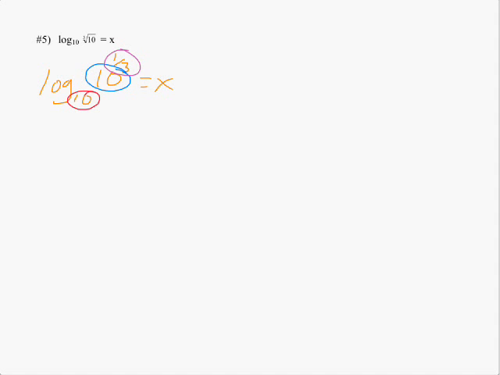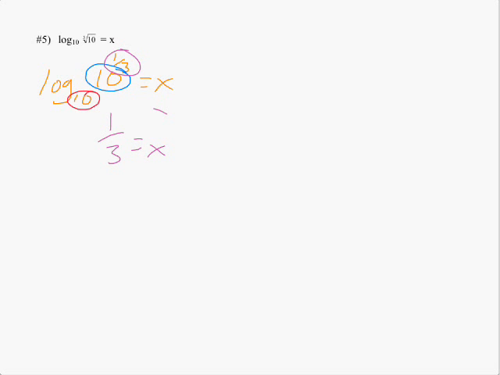Yes, ma'am. Log identity number 1 says that whole thing just becomes 1/3. Now, if that doesn't make sense, why would that equal 1/3? Let me explain it to you, and I think it's going to make perfect sense.